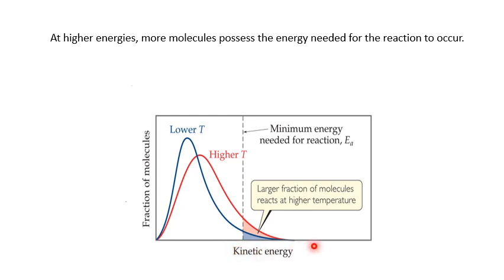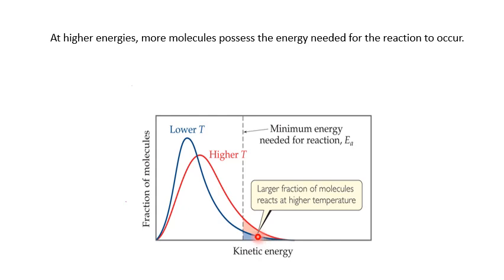Energy is marked on the x-axis and the number of particles, or fraction of molecules that will take part in the reaction, is marked on the y-axis. Only particles with this minimum energy can react by effective collision.